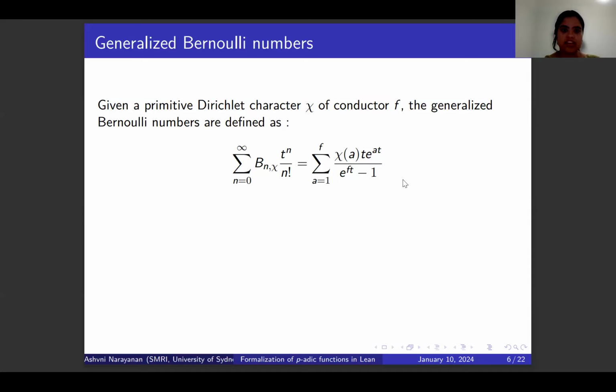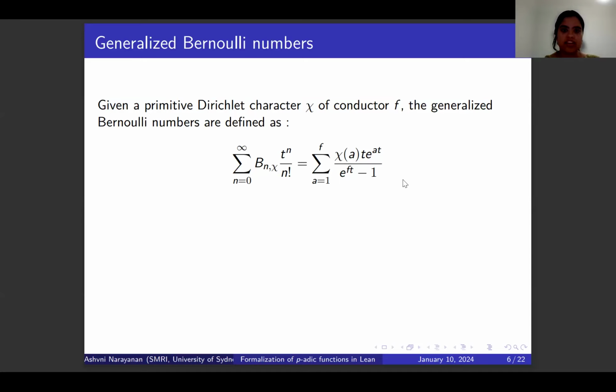The capital F that I choose is simply the conductor. Also note that the general definition is for primitive Dirichlet characters, but our definition here works for any Dirichlet character, because we simply look at the primitive character associated to any Dirichlet character. Okay, so that's about Bernoulli numbers.